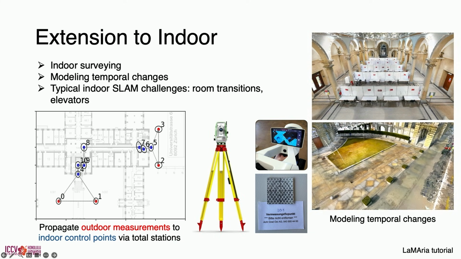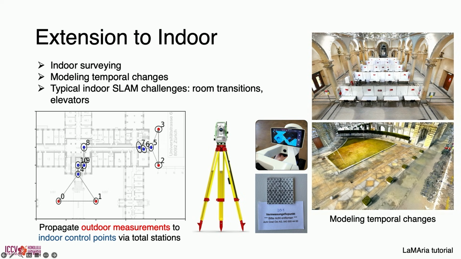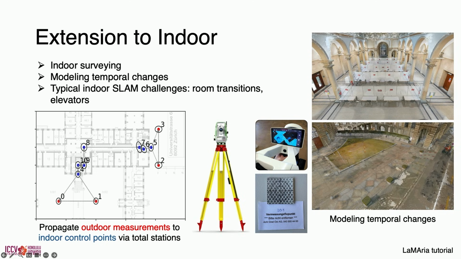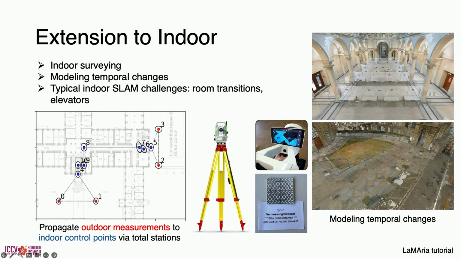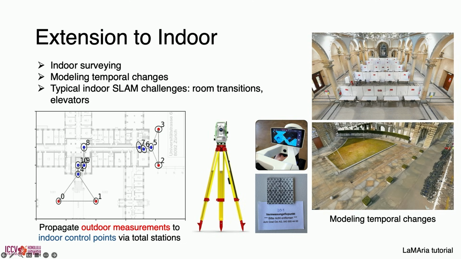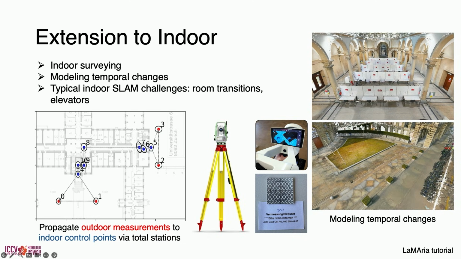We have outdoor control points which are defined by the city of Zurich, and we propagate these outdoor measurements indoors at custom control points that we define using total stations. The idea is to incorporate indoor SLAM challenges like elevators and room transitions between rooms, and also try to model temporal changes.